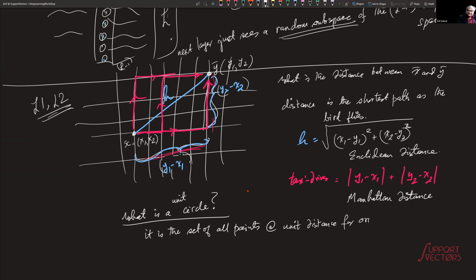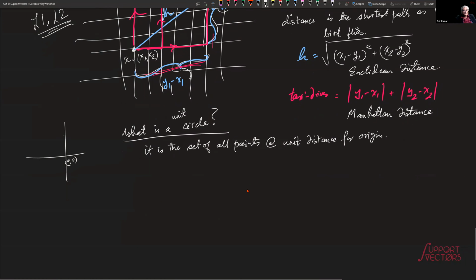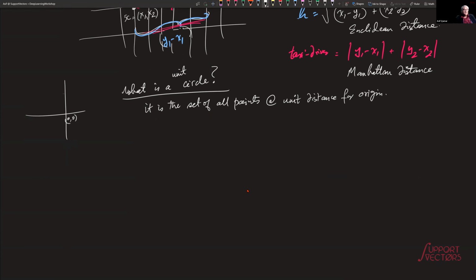This is 0, 0. And then you can draw, for example, you find all the points that are at unit distance from the origin, right?